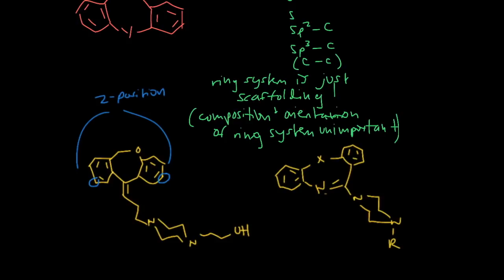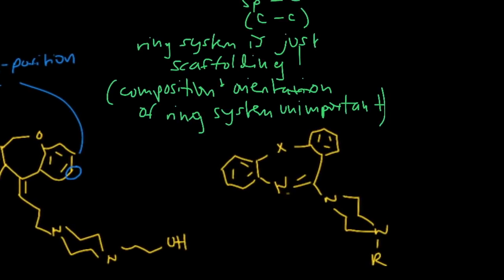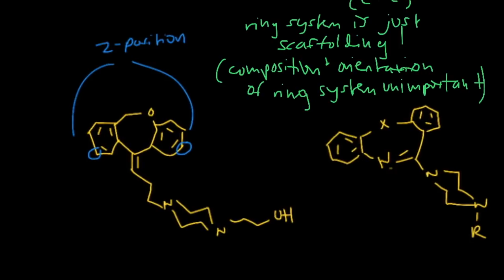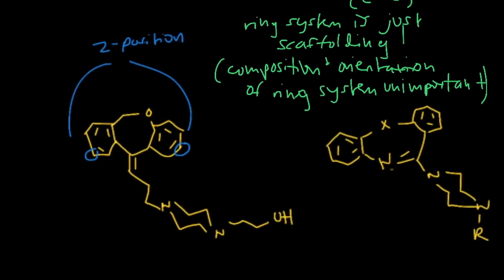So, when looking at these 676 tricyclics, they follow the same basic SAR or receptor binding structures that the phenothiazines and your thioxanthines do. For example, you have your sp2 hybridized carbon there. You have your 3 atom chain. You have your basic tertiary amine.